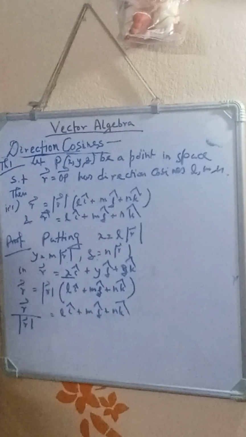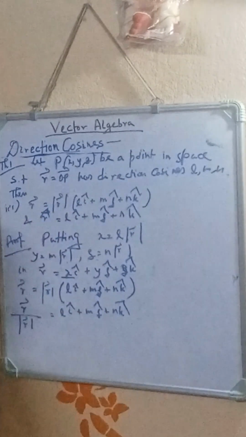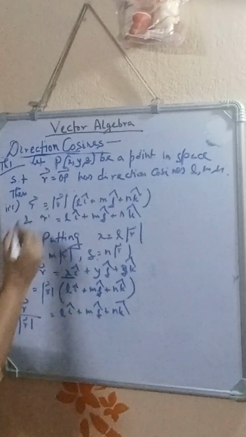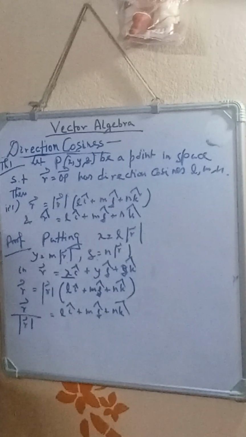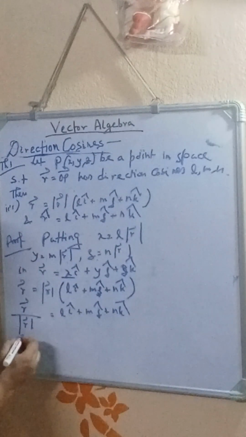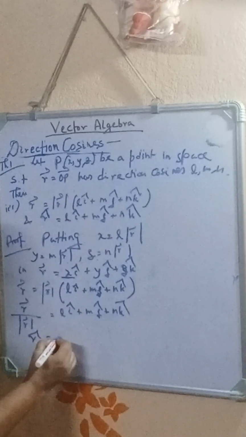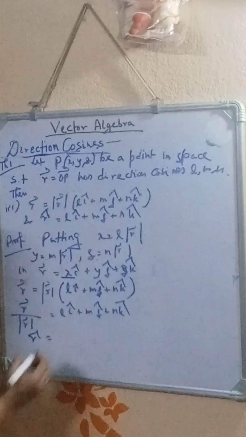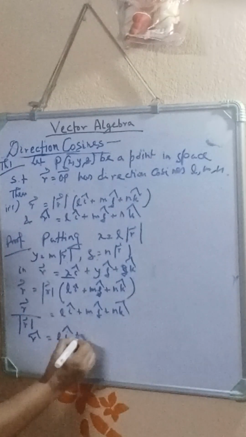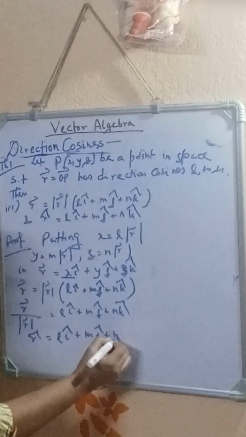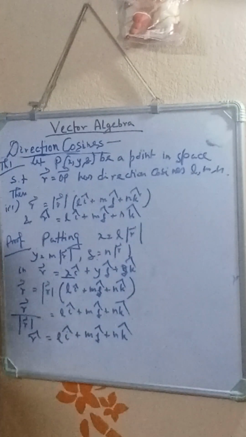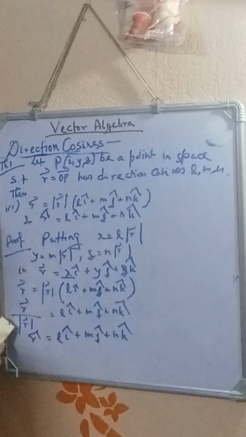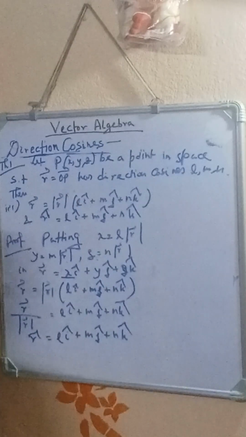Now we know that r vector by modulus of r vector equal to r cap. Therefore, r cap equal to l i cap plus m j cap plus n k cap. If we divide a vector by its modulus, then that will become a unit vector.